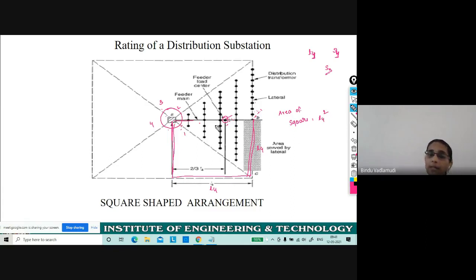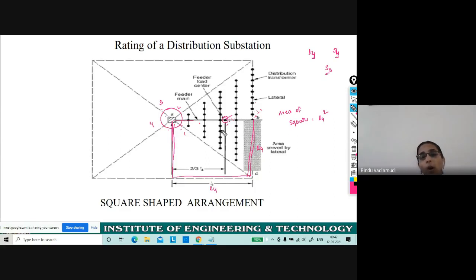Because here I am considering only a portion of the total system. The total system is divided into 4 squares, and out of these 4 squares, I am considering only 1 square section.